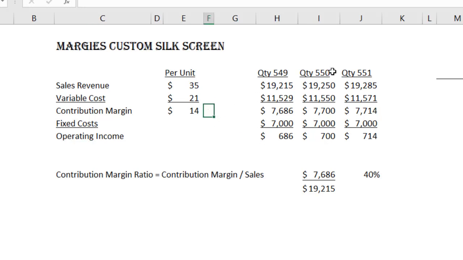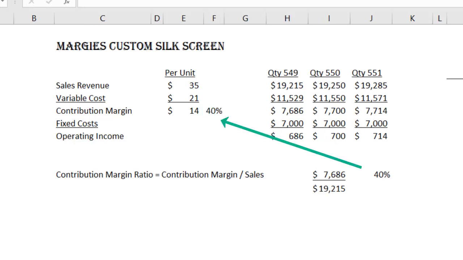If the contribution margin is 40%, then that means that the variable cost must be 60% of the sales. That's because the variable cost and the contribution margin together add up to give you your sales revenue. So if one is 40%, the other one has to be 60%.